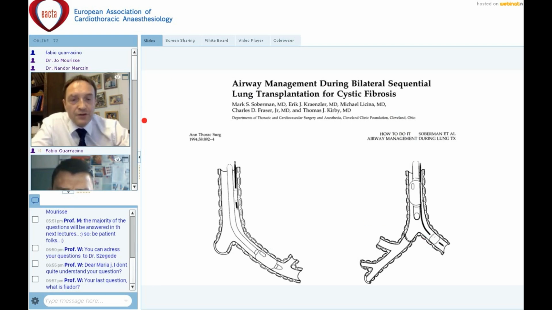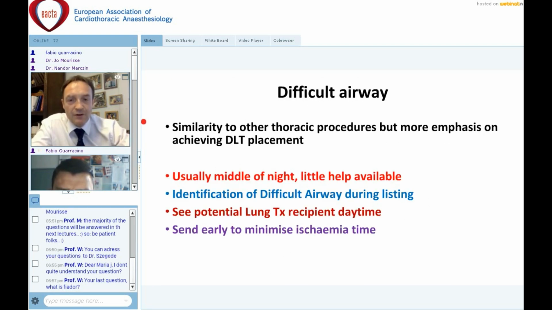There are particular issues with difficult airway management in lung transplantation, and many of the concepts that Wahid has described would be applied. However, because of the reasons I explained above, there should be more emphasis on achieving a double lumen tube placement. However, this is usually in the middle of the night with little help available. Therefore, identification of a potentially difficult airway is paramount.